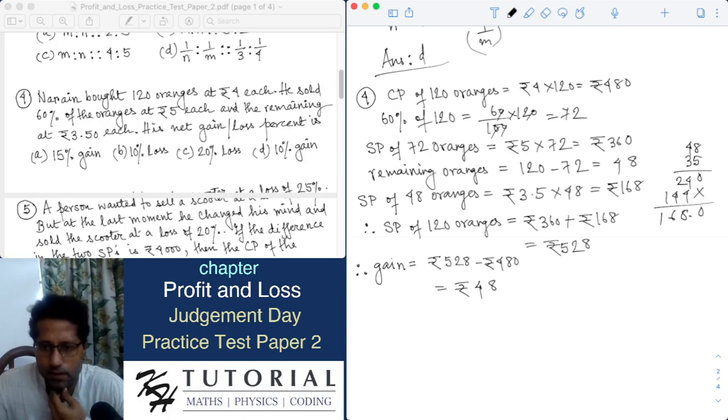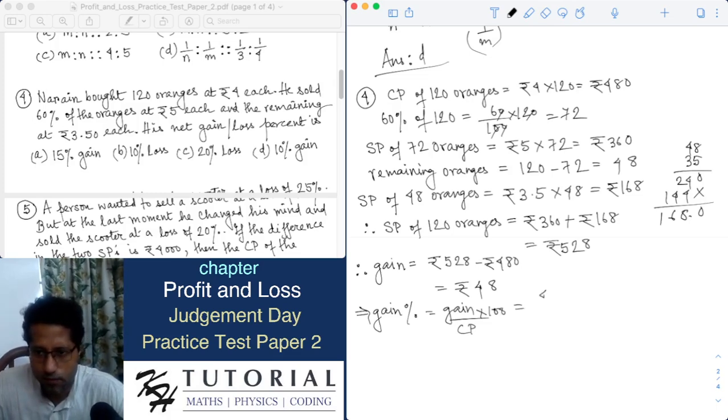We have to find the net gain or loss percent. Since we have a gain, we will find gain percent equals gain divided by cost price multiplied by 100.